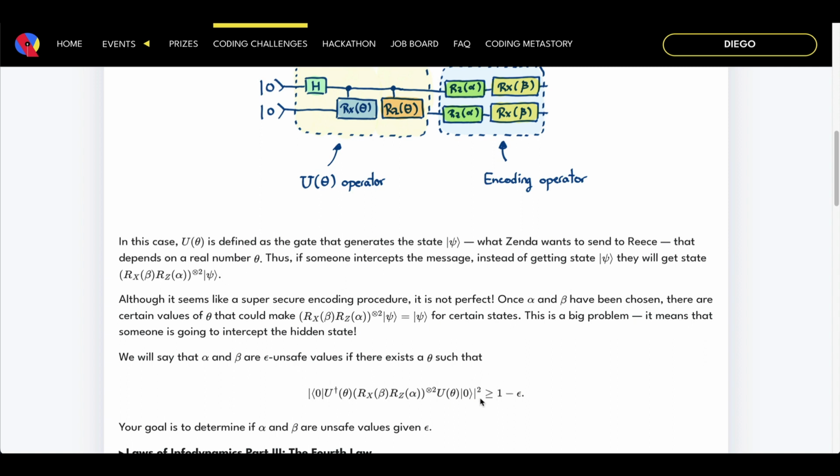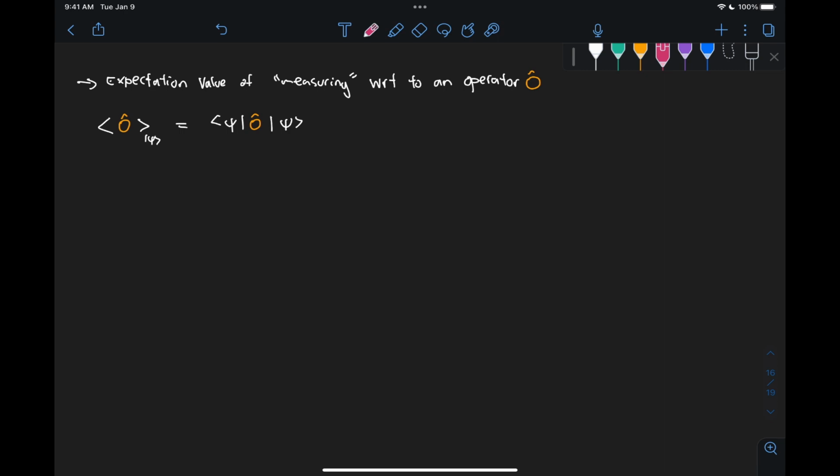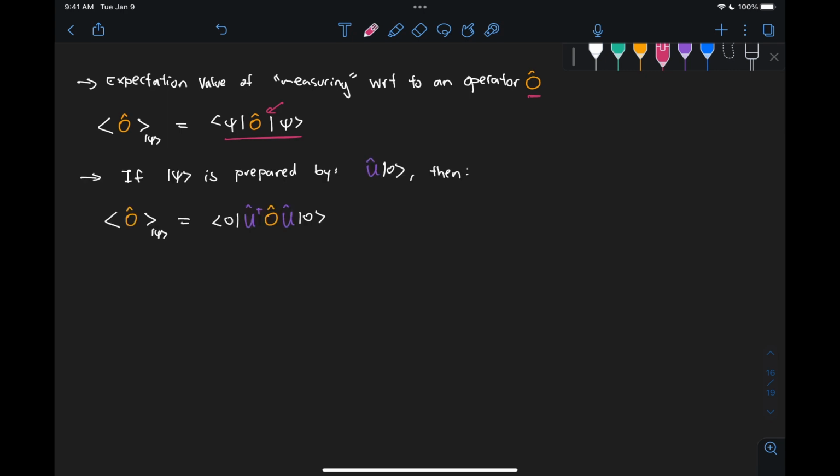But given the way this equation looks, here we're calculating the expectation value of measuring a state with respect to some operator O. The way we do that is by computing the sandwich product of that operator with respect to the state psi, which in this particular case is just the unitary U that we're using to prepare that state applied to the all zero state, and that gives us this expression here.